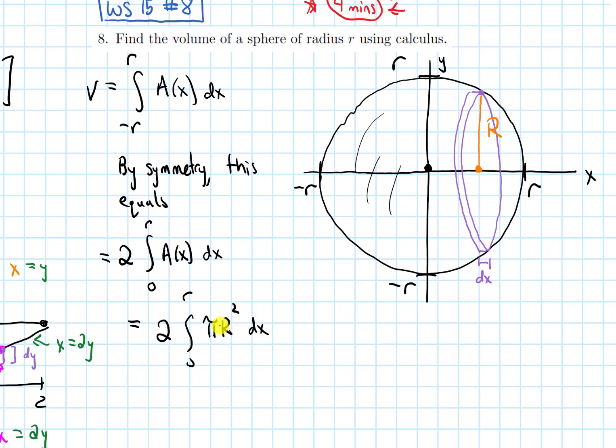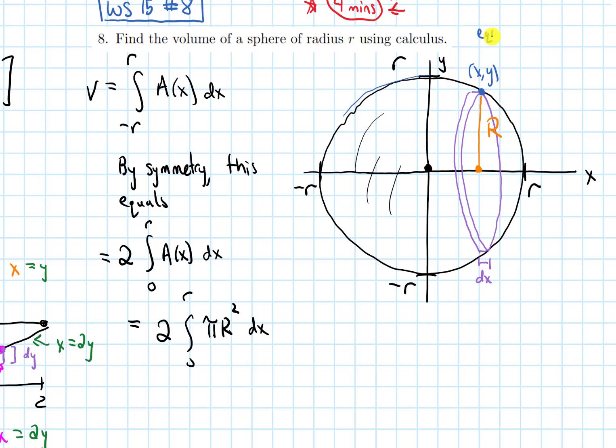We need to know what big R is in terms of the variable x. This point is determined by that point. If I call this point x comma y, notice that the top point is on this circle centered at the origin with radius r.